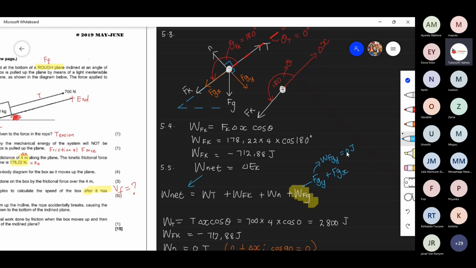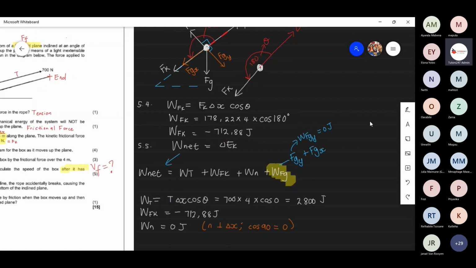So if you feel confident, if you feel happy enough to leave it out, by all means proceed. So I am now going to calculate the work done by Fgx, which is the component of our gravitational force that acts down the slope.